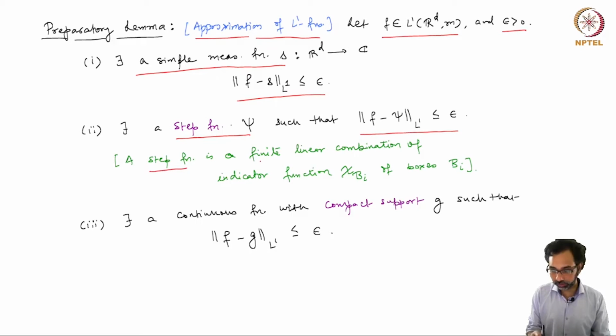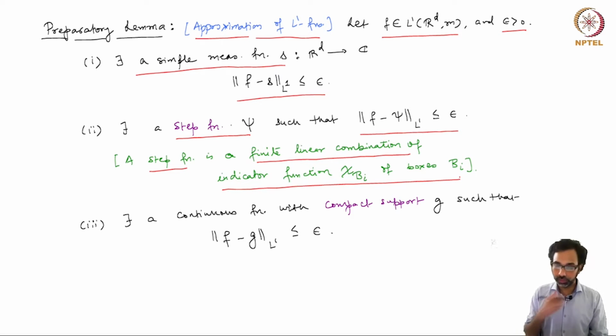Here a step function is a finite linear combination of indicator functions of boxes Bi. So the difference between a simple measurable function and a step function is that simple measurable functions are defined with finite linear combinations of indicator functions of any measurable sets of finite or infinite measure, but for a step function we only allow finite linear combinations of indicator functions of boxes.